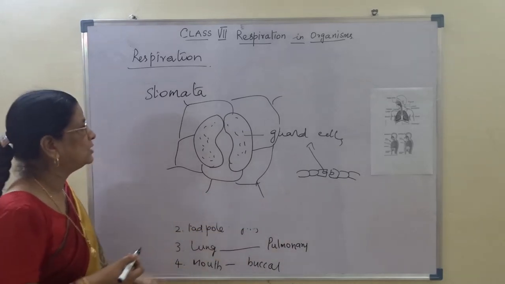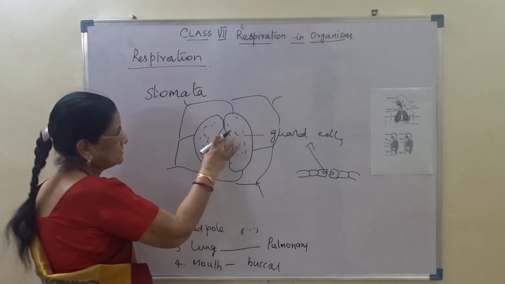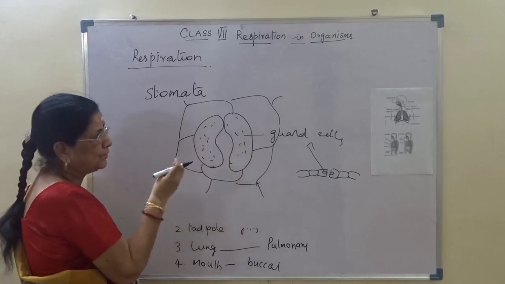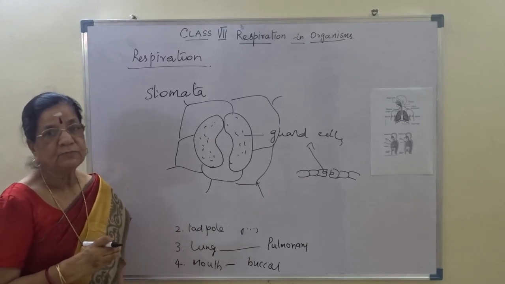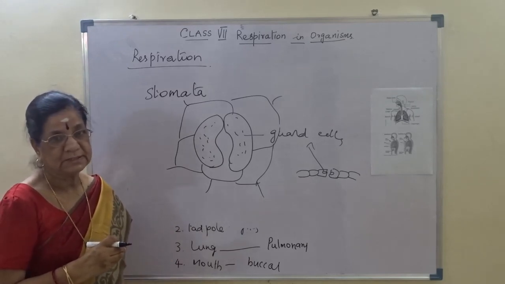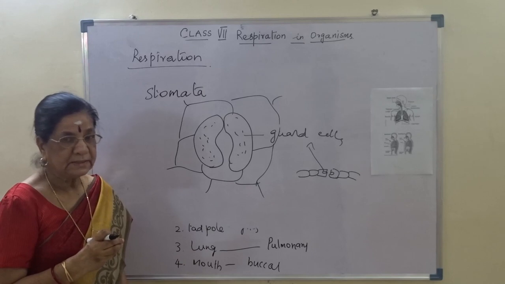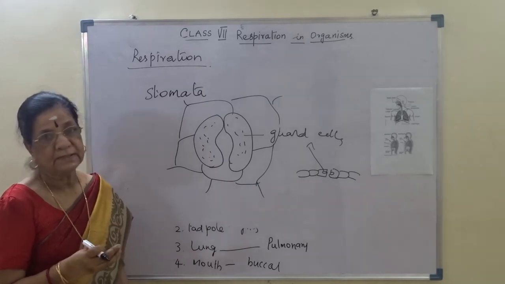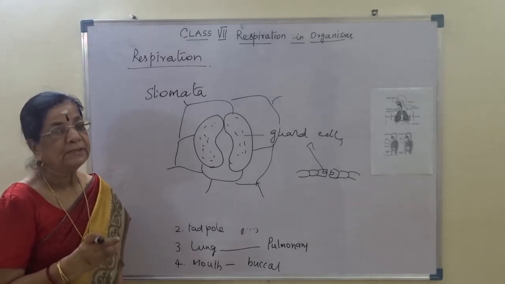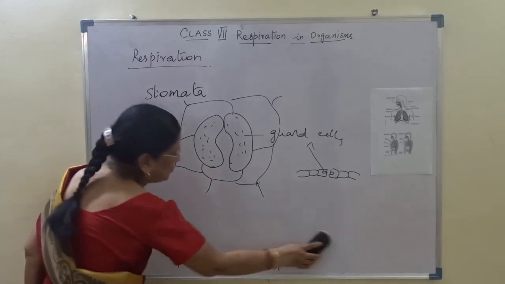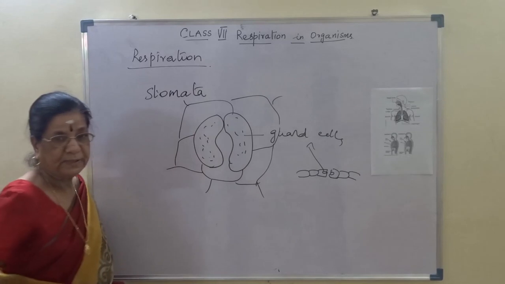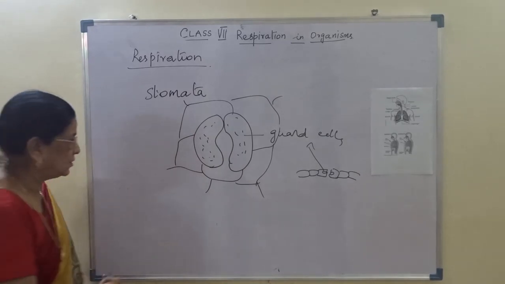Now this guard cell, by opening, this is the opening. By opening and closing of this stomata, exchange of gases takes place. Exchange of gases is again taking in oxygen, giving out carbon dioxide. But in plants, we have photosynthesis and respiration.